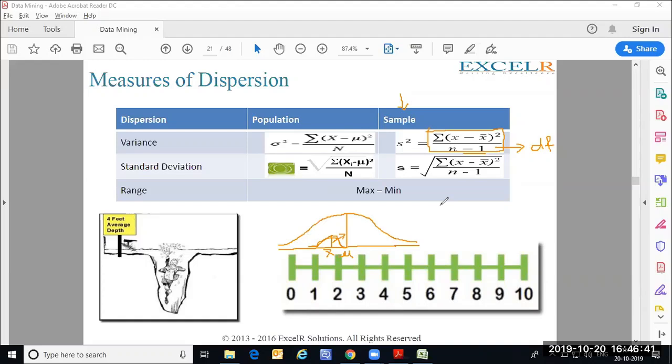To explain the concept of degrees of freedom, I'll take a simple example.